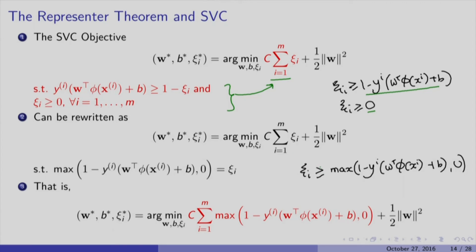So the inequality in some sense is vacuous, and what we expect is that xi_i should actually equal the max, and that is exactly what is being expressed here as a more compact constraint: xi_i equals the max of the two quantities. Now if xi_i can be substituted into the objective, we can actually do away with the constraints, and that is what we have done here.